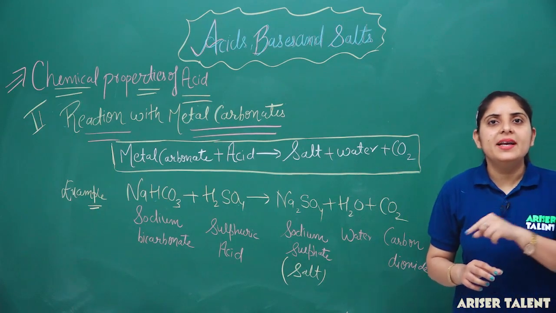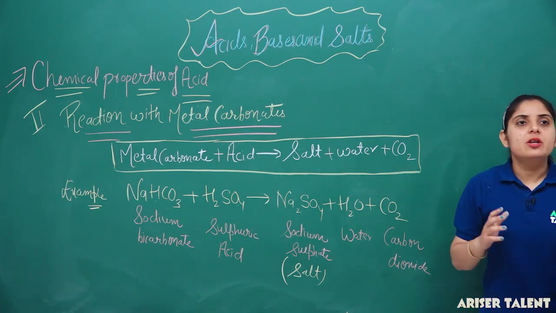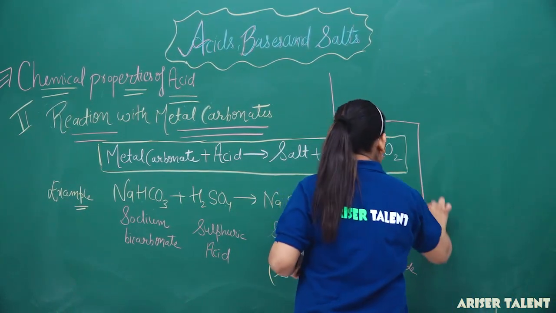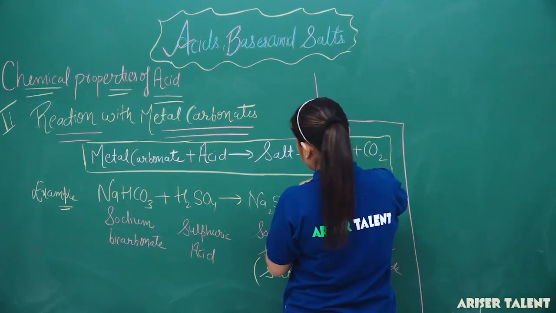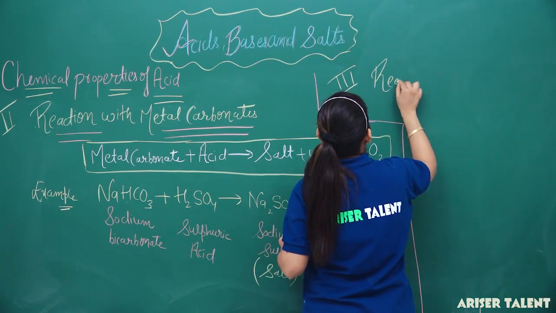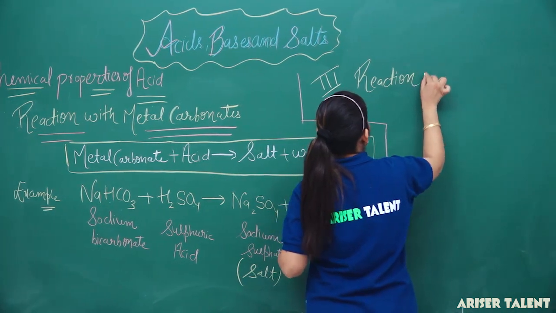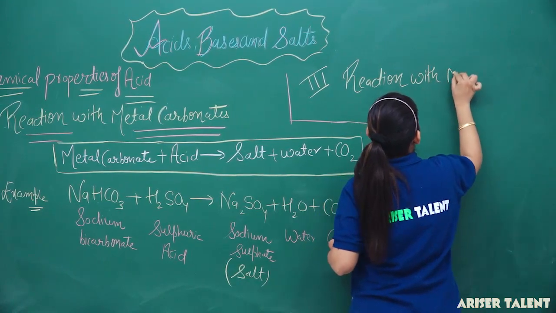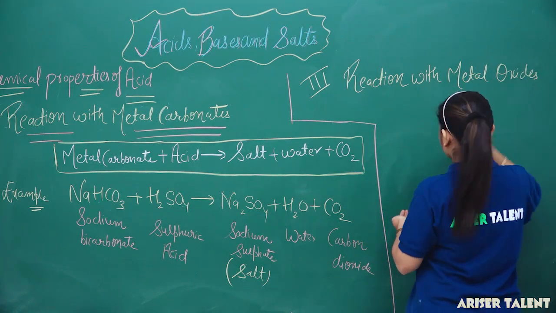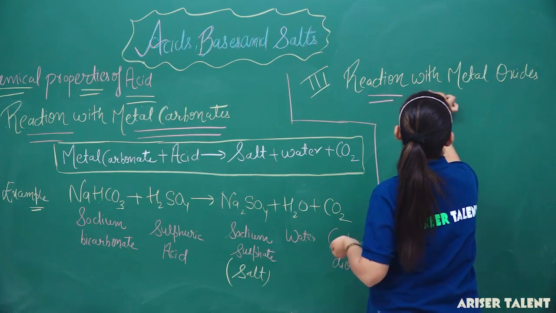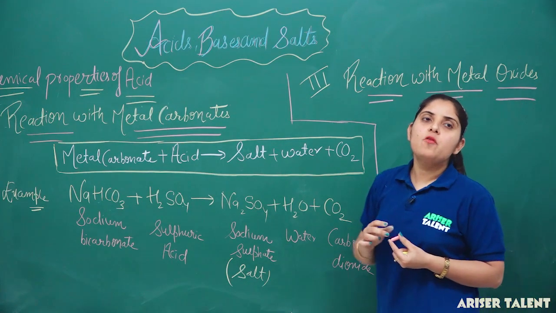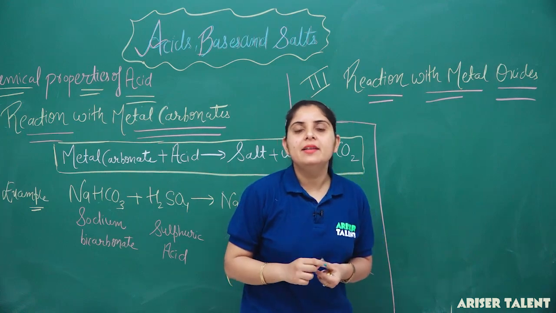Now we are moving to our next category, that is reaction with metal oxides. So our third reaction will be reaction with metal oxides. If we do any reaction of an acid with metal oxide, what we will get in the product side?